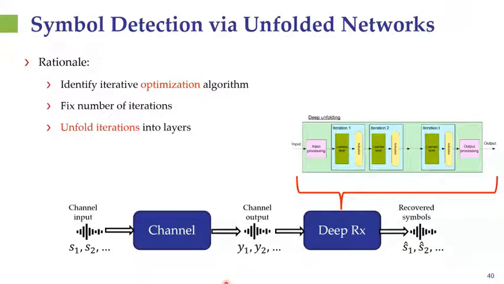Once we've done that, we end up with a deep neural network which imitates the operation of the iterative algorithm, and we train the whole thing in an end-to-end manner, again, hopefully by showing this deep architecture a sufficient number of labeled samples, namely pairs of channel outputs and the corresponding symbols. The resulting architecture should be able to carry out this optimization algorithm reliably.